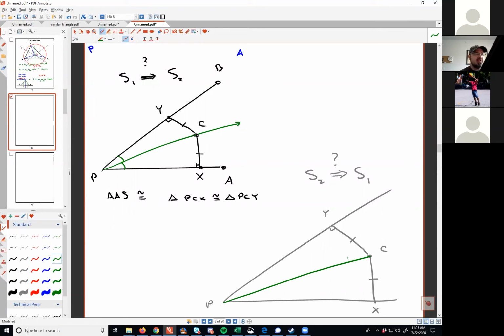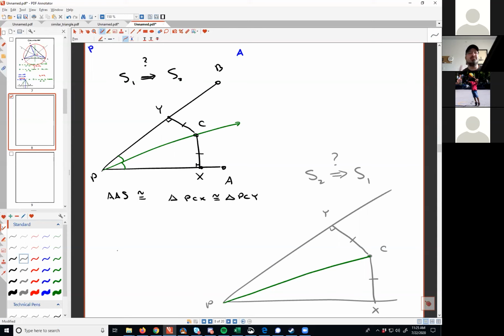It's not SAS congruence. What congruence theorem are we using? Sorry, it's ASS congruence. There is no ASS congruence, but there is a special case of SSA. And you know what?